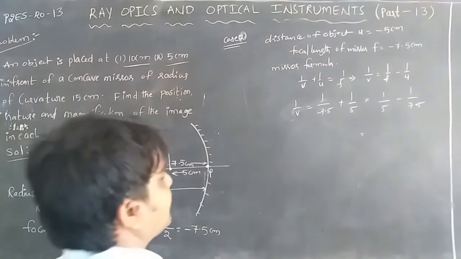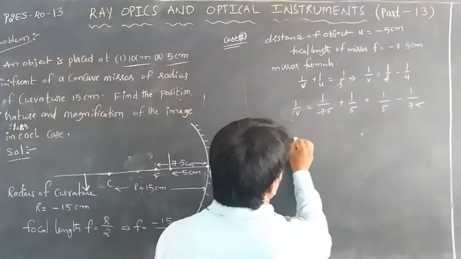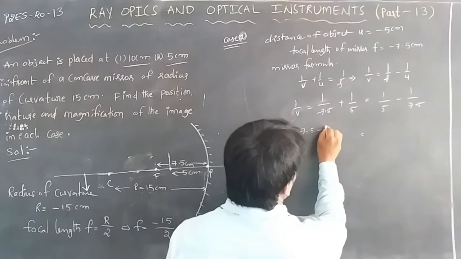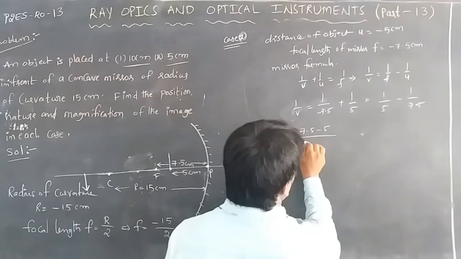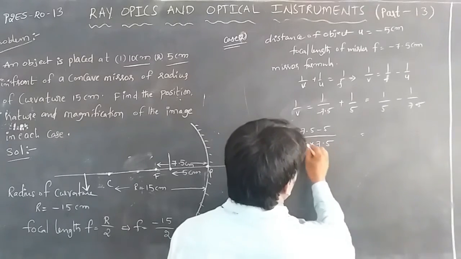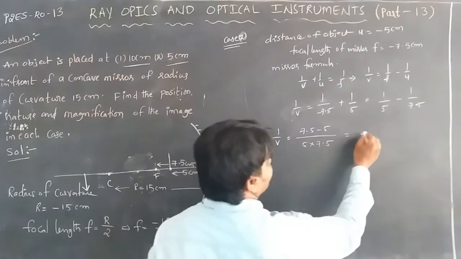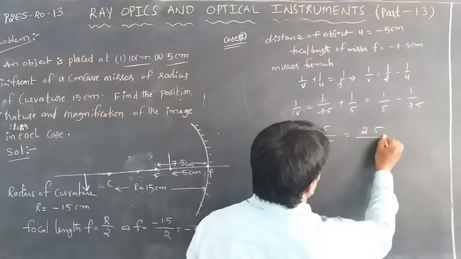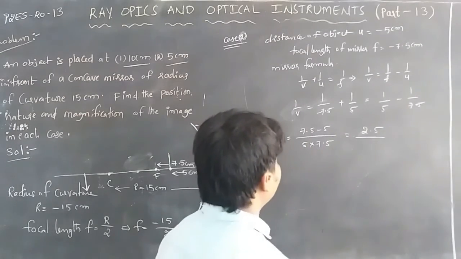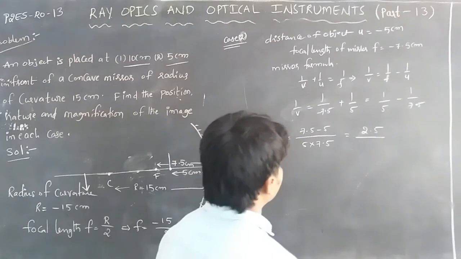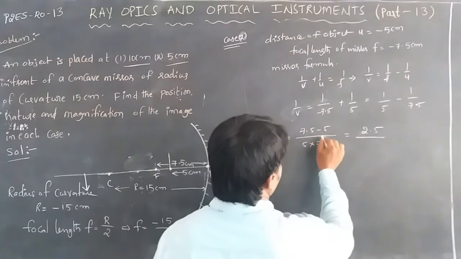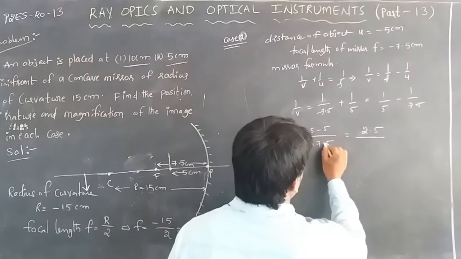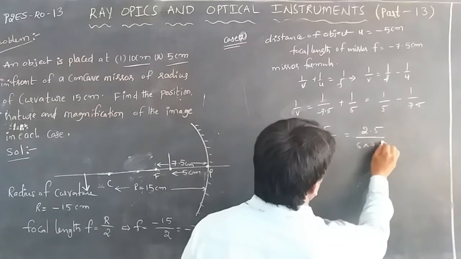So by doing the LCM, 1 by v is equal to (7.5 minus 5) by (5 into 7.5). Here 7.5 minus 5 is 2.5, so 2.5 by 5 into 7.5.